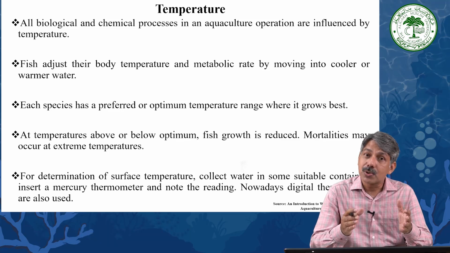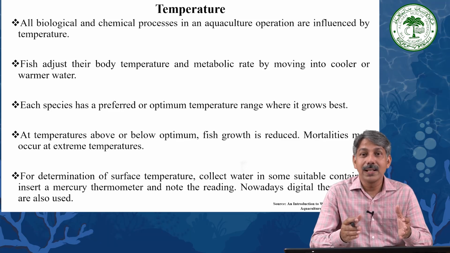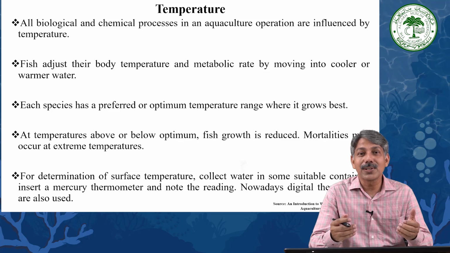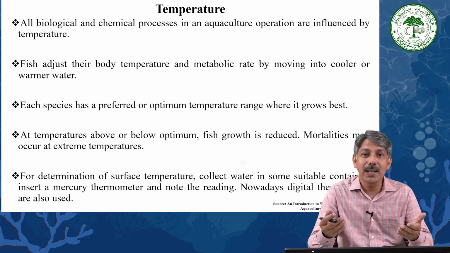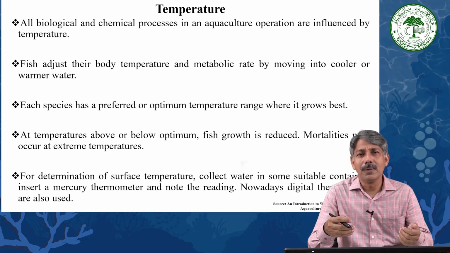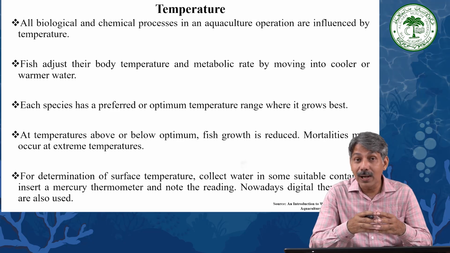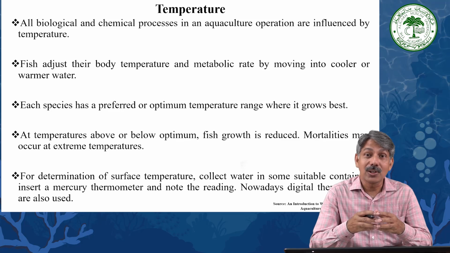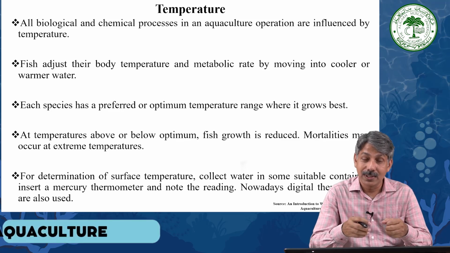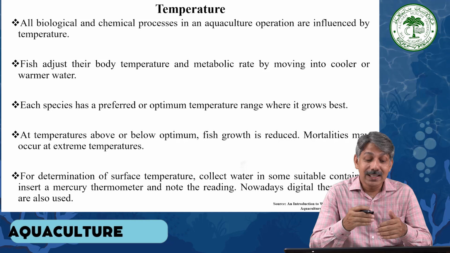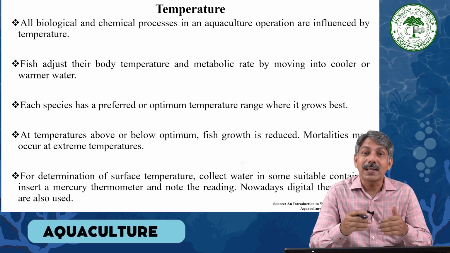When the fishes are habitual of living in warm water, and in winters the surface water temperature may go below 10 degrees centigrade during harsh winter conditions, what will happen? These are not cold water fishes, they are warm water fishes. So they even stop accepting the food.